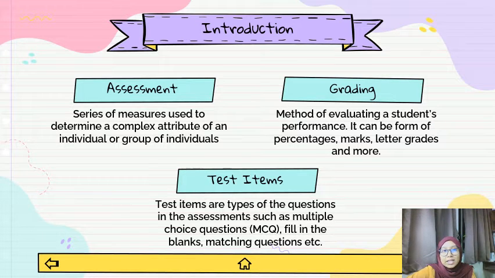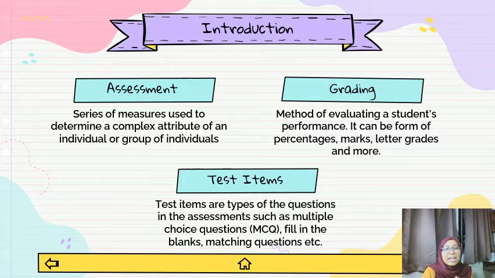Okay, the next one here is grading, which is about a method of evaluating a student's performance. It can be in the form of percentage, marks, letter grades, and more. Like for example, for my part, what I have done with my students, I give them marks where they can know what their grades are.